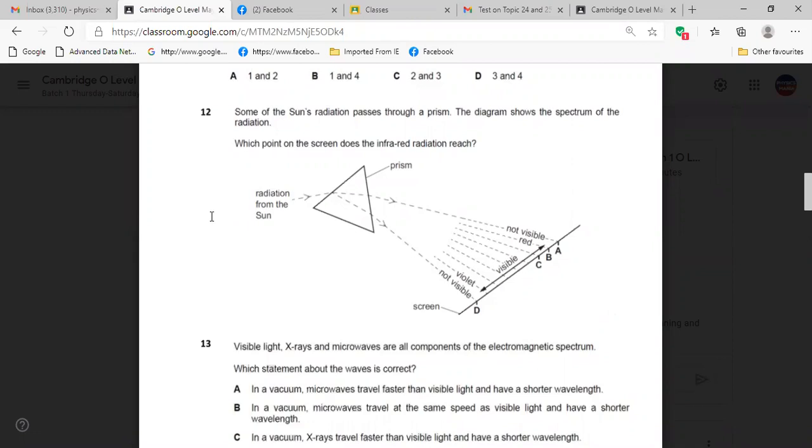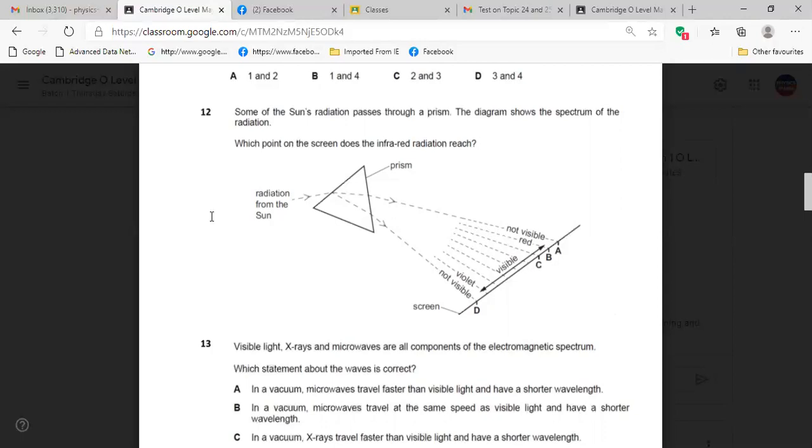So what should be your answer? Will you take A or C? Beside red you have infrared, right? Infrared has longer wavelength, right?